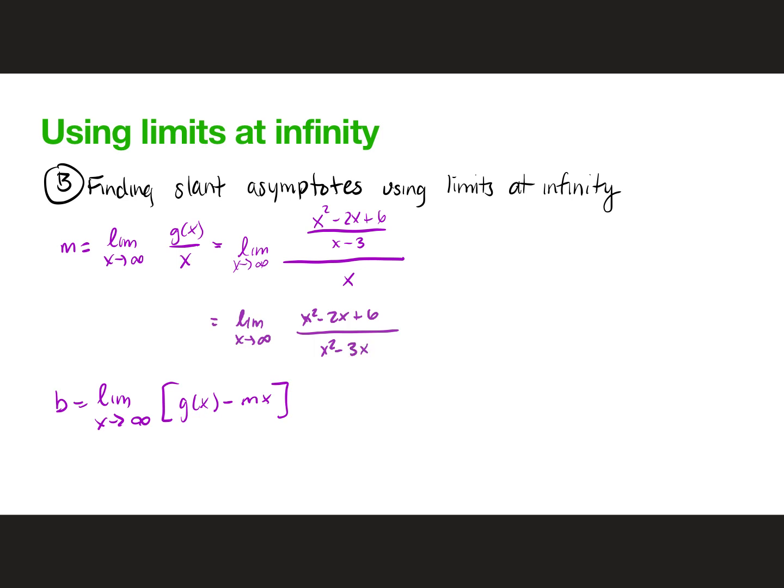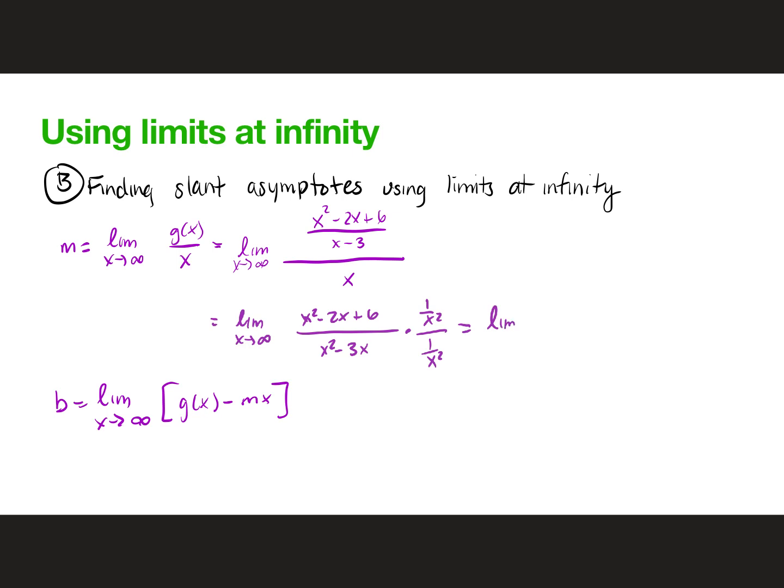And now this is similar to the types of limit at infinity problems we've been looking at in class. So we'll divide by the highest power of x which appears in the denominator, which here is x squared.